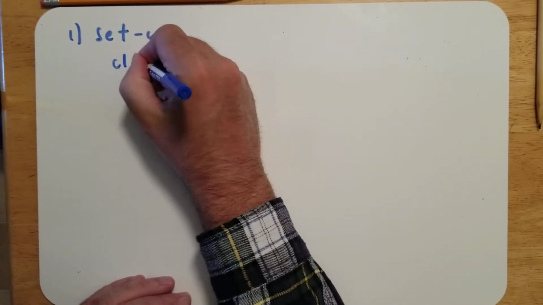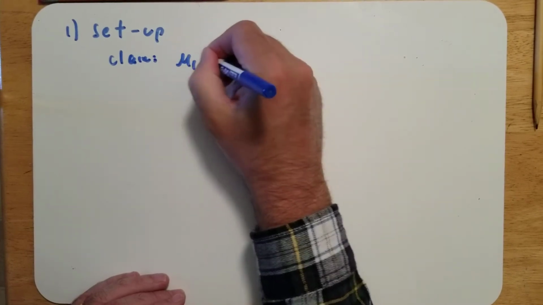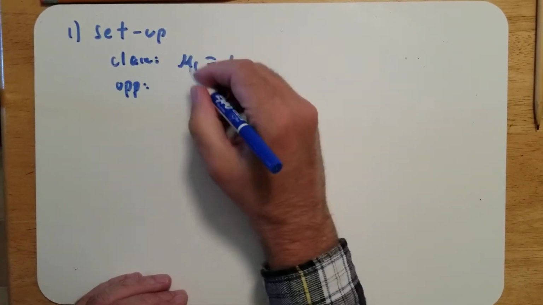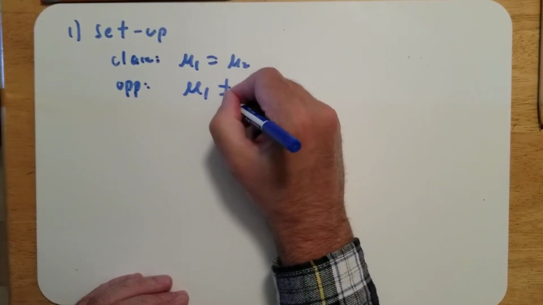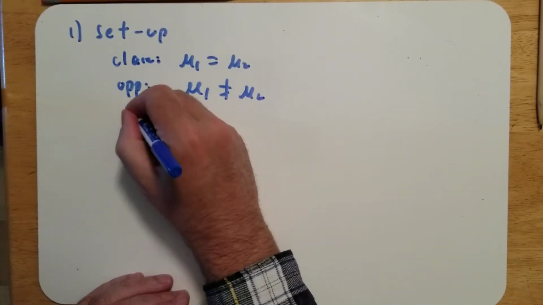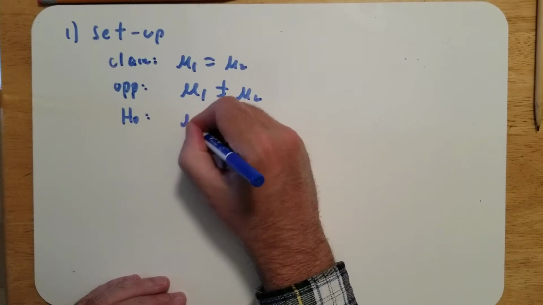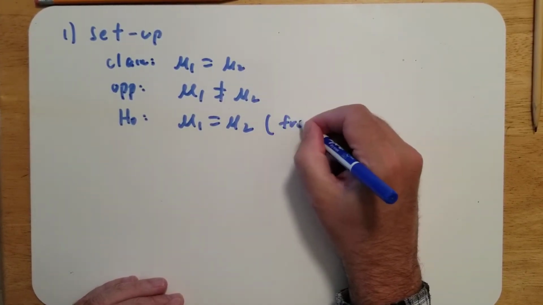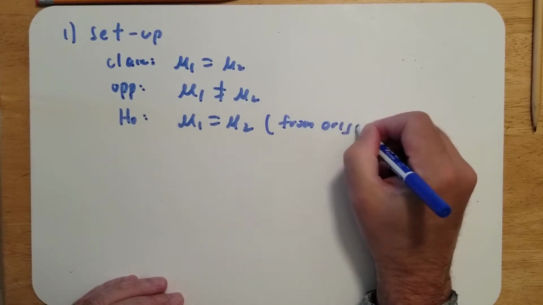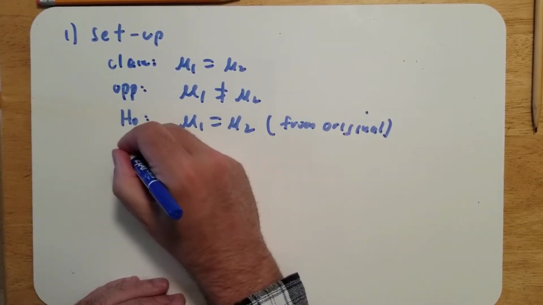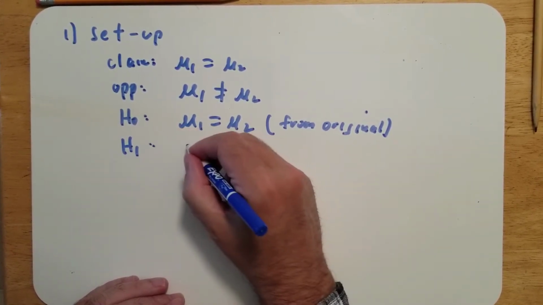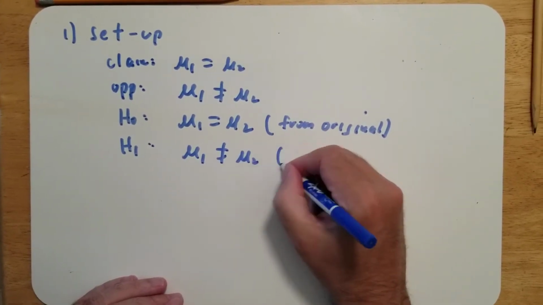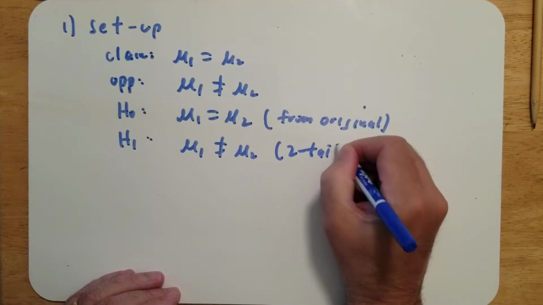The claim is that the two means are equal, mu1 is equal to mu2. The opposite of the claim is that mu1 is not equal to mu2. The null hypothesis is that they're equal, and this is from the original claim. And the alternate hypothesis is that mu1 is not equal to mu2, and that makes for a two-tailed test.